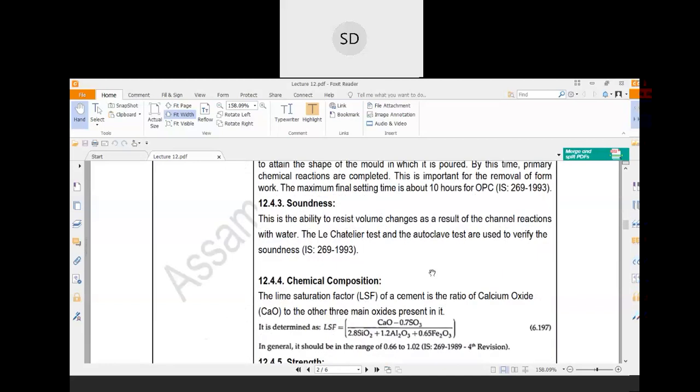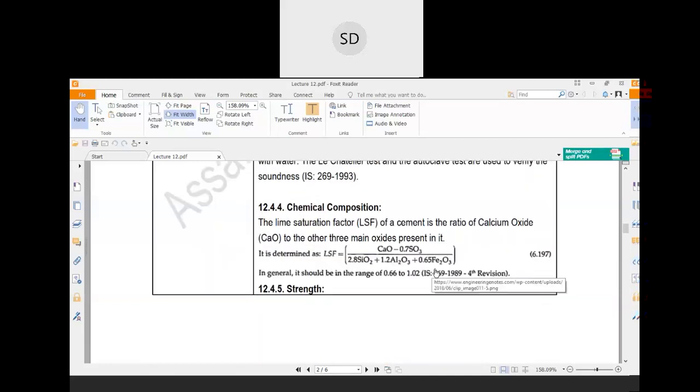There are different types of oxide present in the cement. So the lime saturation factor is the ratio of calcium oxide to the silicon dioxide, alumina, and ferric oxide.